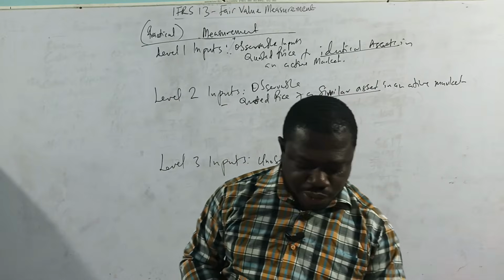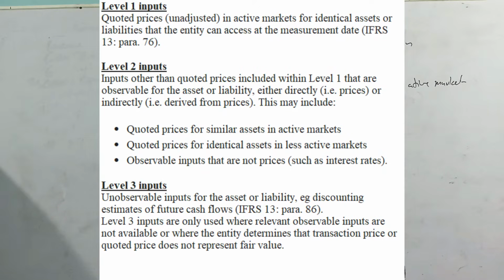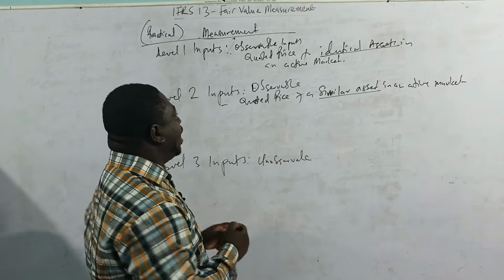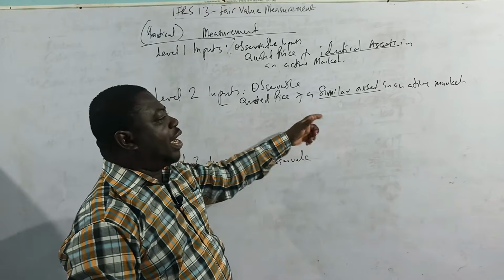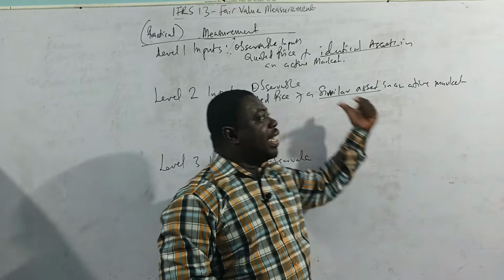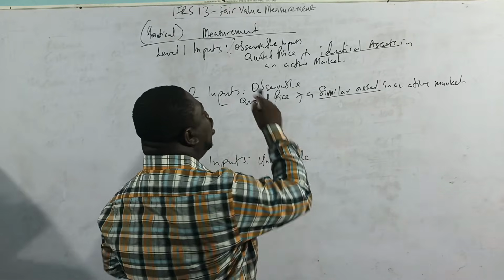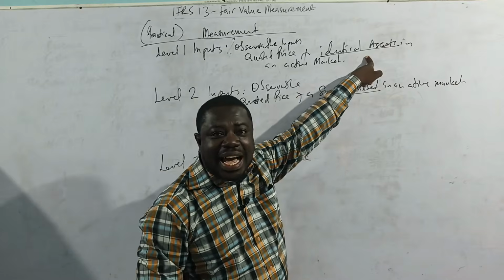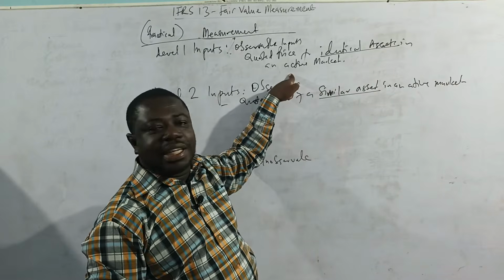Now let's look at the next one. So we have quoted prices of similar assets in an active market. Then quoted price for identical assets in less active market. So you see that aside from the quoted price of a similar asset in an active market coming to level 2, we also have quoted price of the same identical asset but now in a less active market.